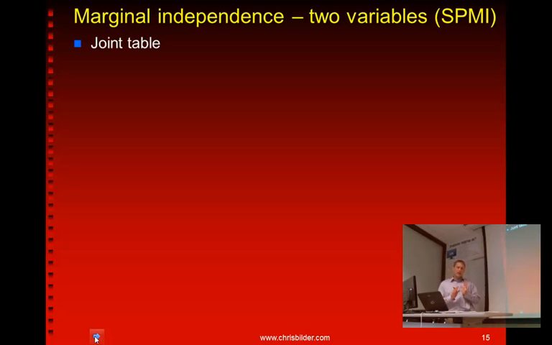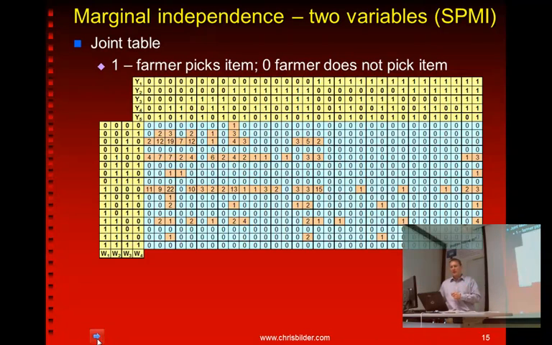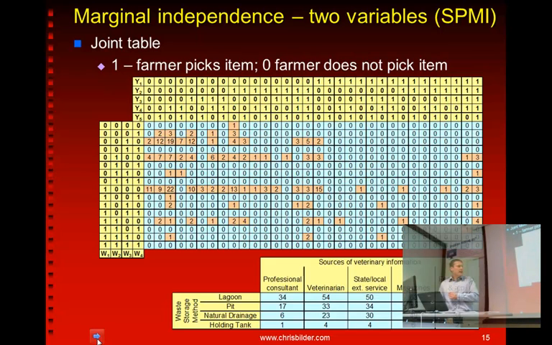But let's look at the relationship between the joint table and marginal table. Will help you see things here. So again, a farmer picks an item as a 1. A farmer does not pick an item as 0. Here's a table that we saw before. Here's my marginal table. It's called a marginal table because it's a marginal representation of this joint table. So for example, this 34 here is actually just the sum of these counts.